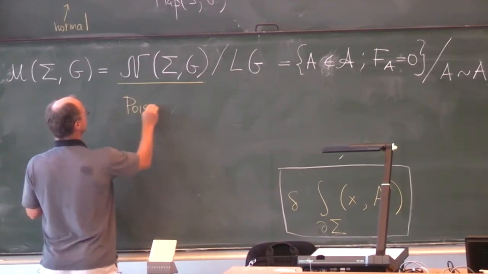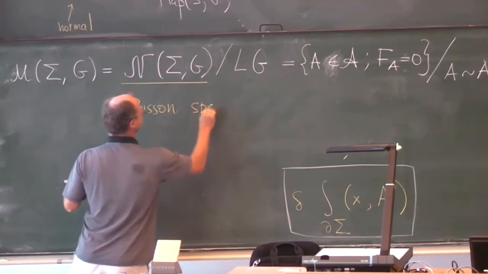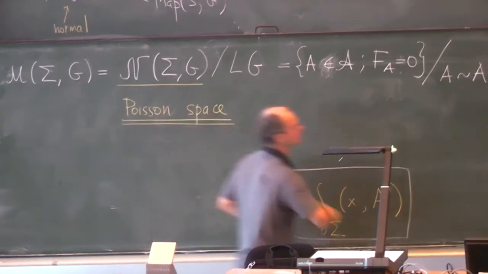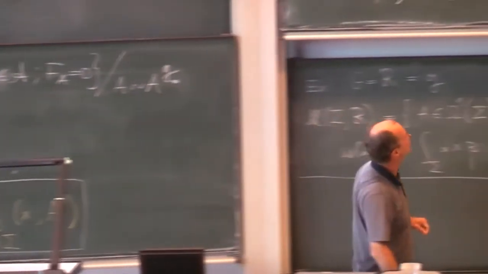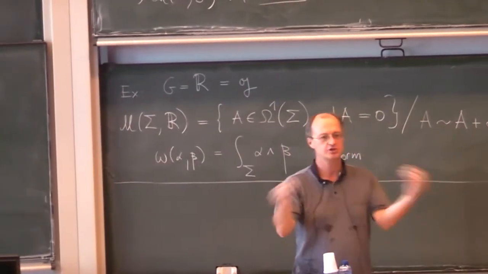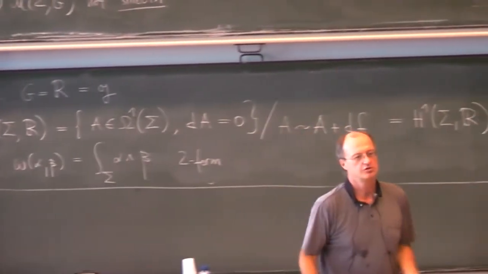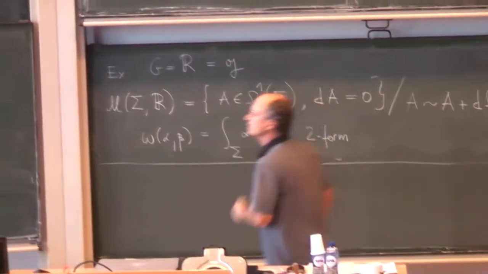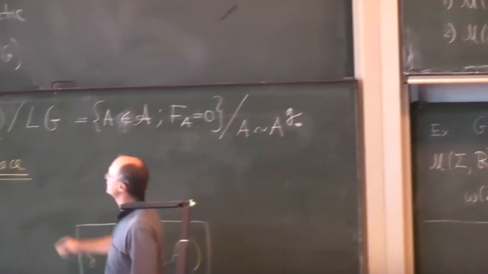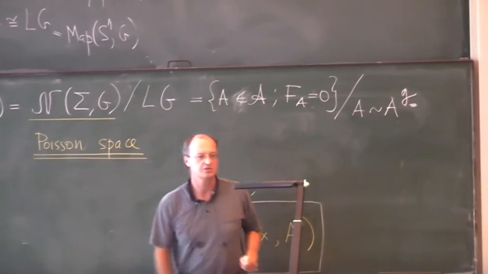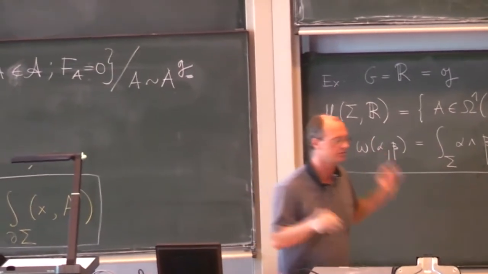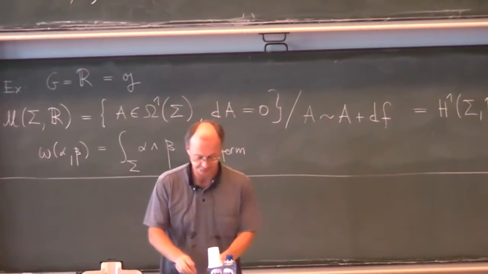So this space is Poisson. So in the case of a closed surface, the construction just on the nose gives you a symplectic space. In the case when the surface has boundary, you can still do it, and the construction gives you a Poisson space. There might be singularities in both cases.